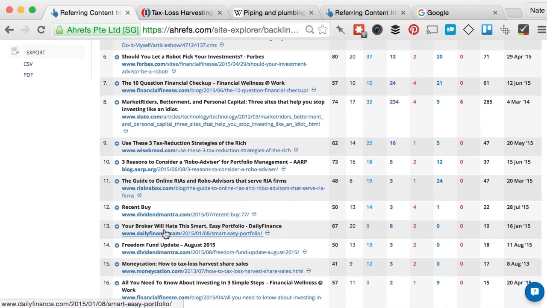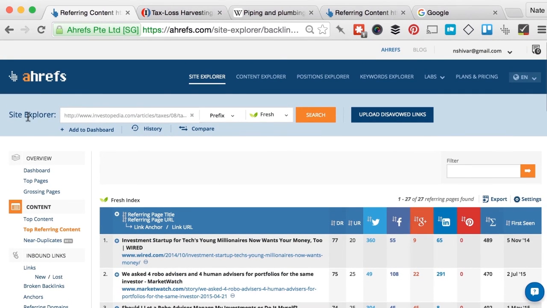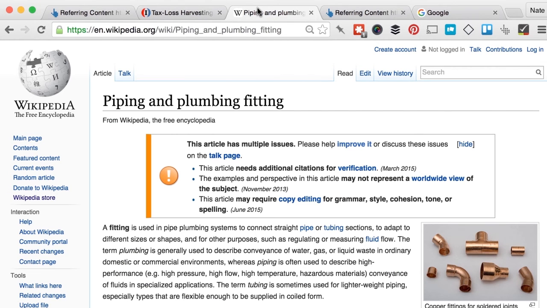You know that they're interested in this segment of your industry, and you can factor that into your content strategy so that you're creating content that actually gets links and doesn't just sit there or get shares but not the links. So use Site Explorer, pair it with major industry resources like Investopedia or Wikipedia, and build linkable assets.